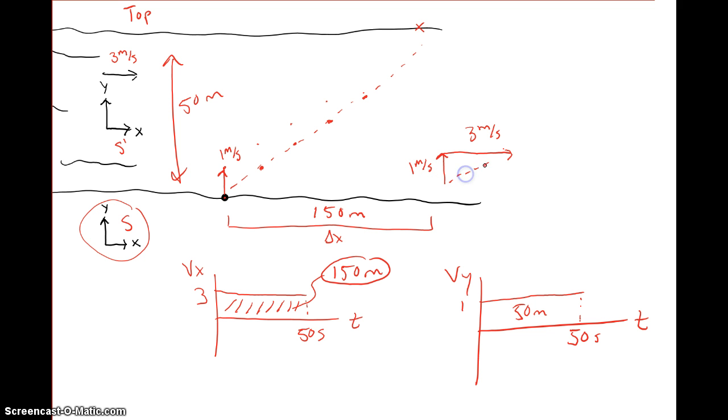So my overall speed relative to S prime would be, let's use Pythagorean theorem here. Okay, so c squared equals 10. So this would be the square root of 10 meters per second, and then you could even go on to figure out the angle at which you were traveling.